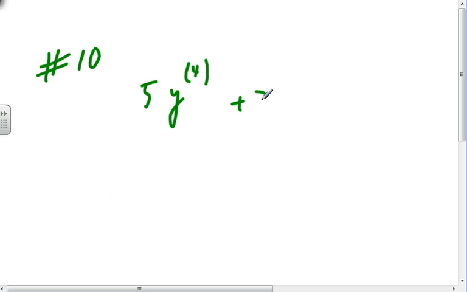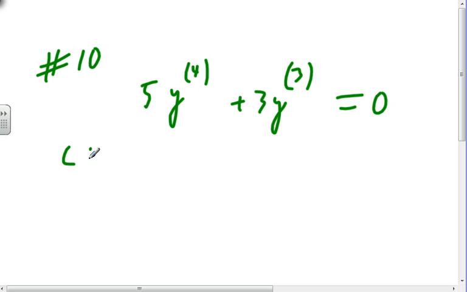I'm going to look at number 10 next. So I've got 5y fourth derivative plus 3y third derivative equals 0.